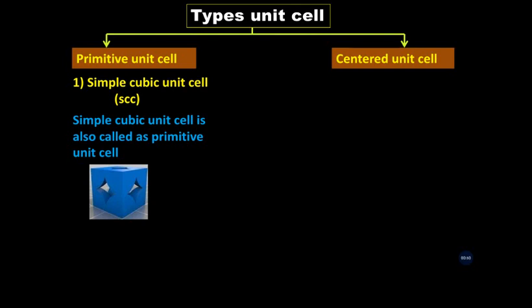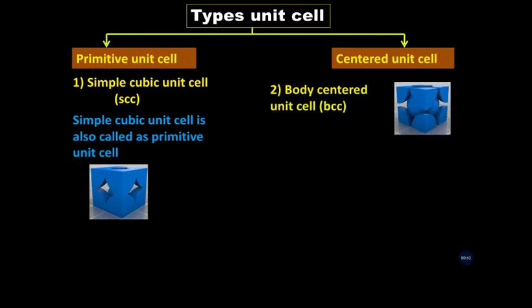What are centered unit cells? The unit cell in which the constituent particles like atoms, ions or molecules are present at the corner as well as at some other position of the unit cell is called a centered unit cell.